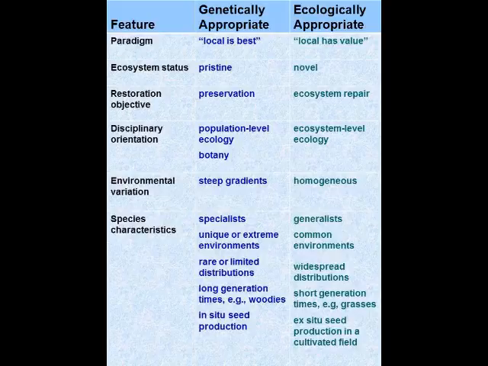GA materials are more appropriate when there are steep environmental gradients, like we saw for the specialist species Douglas fir on a map earlier today. And EA materials would be more appropriate for environments that are more homogeneous over a larger scale.